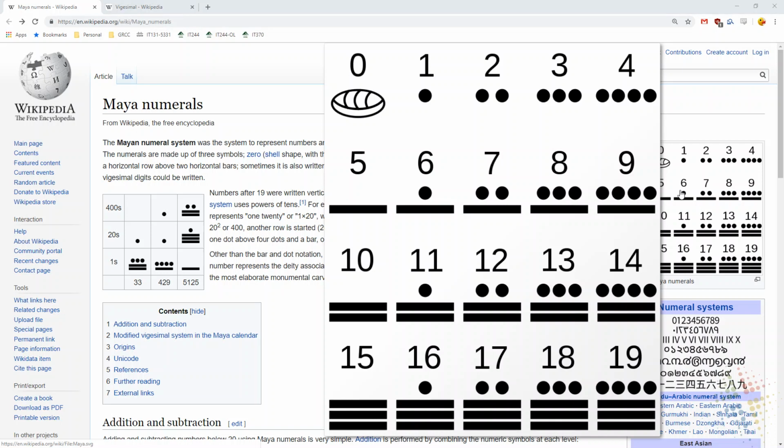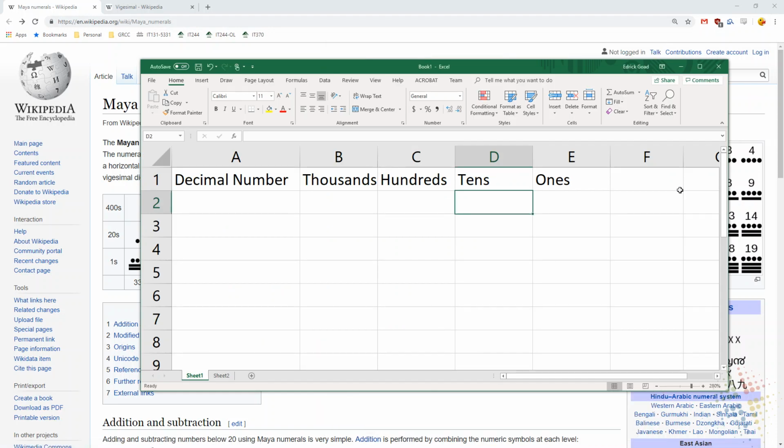Okay, so let's look to see exactly how this works. I'm going to open up an Excel spreadsheet here. Now this may look familiar. If you were way back in the elementary days, your teacher told you that the number, let's say, 145, is not simply the number 145.